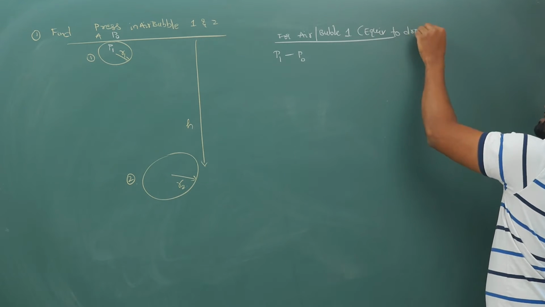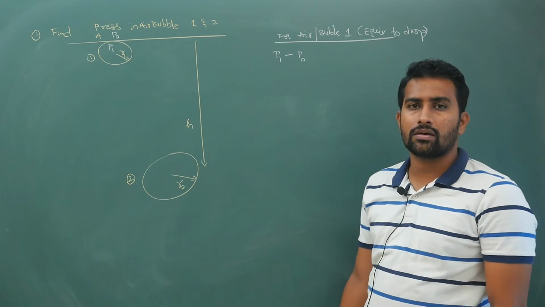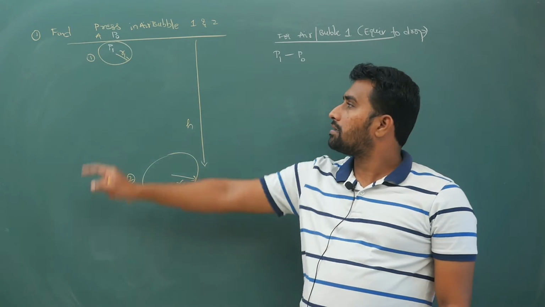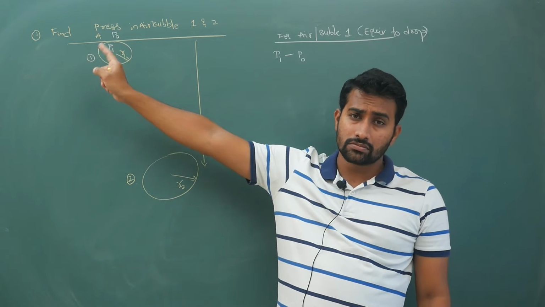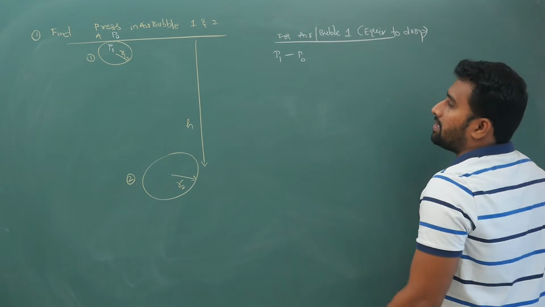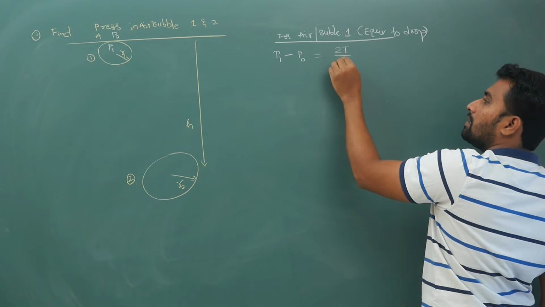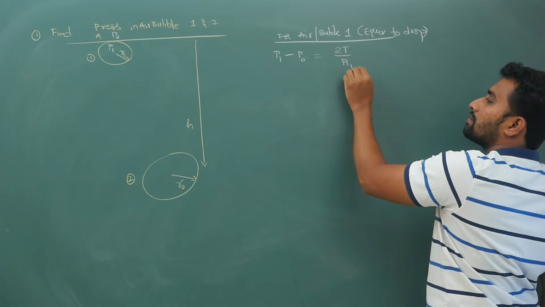Why? Because you have a two layer surface. Even though we are calling it an air bubble, here you have only a two layer interface. So P1 minus P0 is equal to 2 times T by R1.